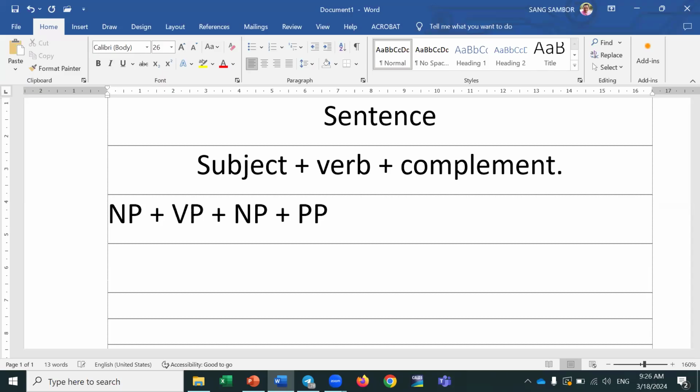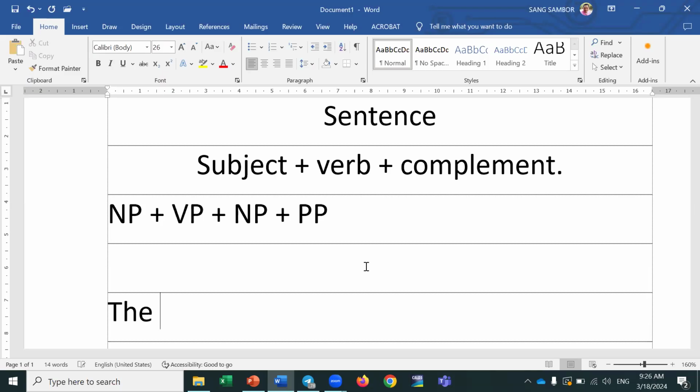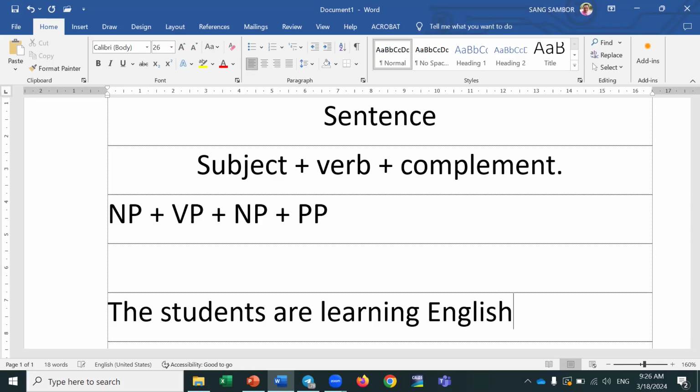So you may have a sentence like the students are learning English in the class, for example.